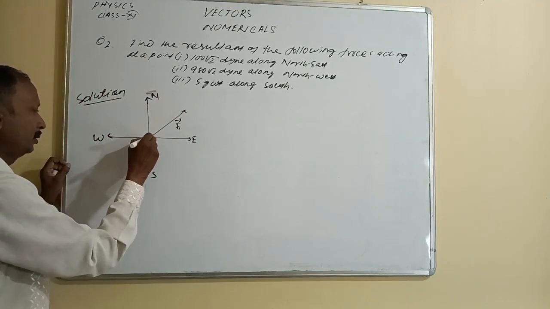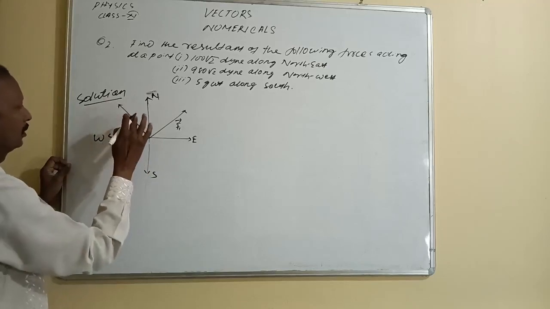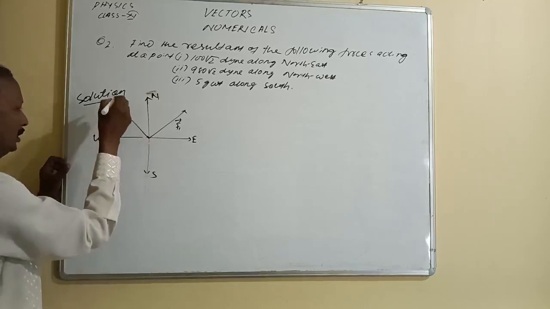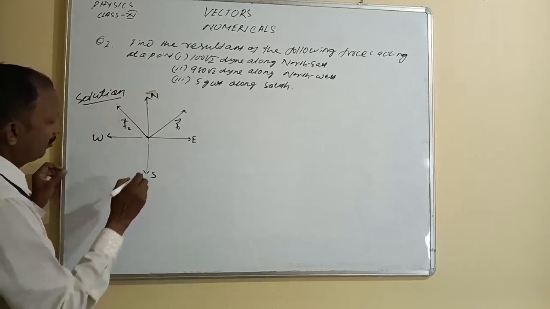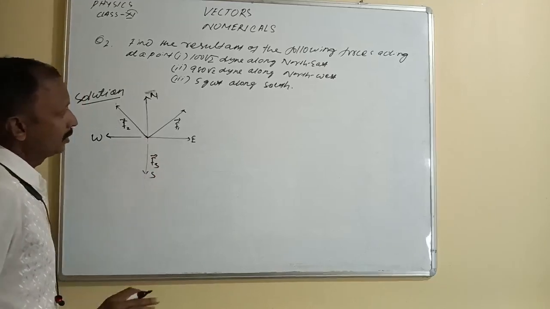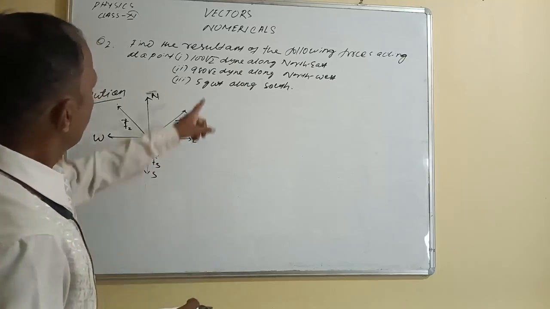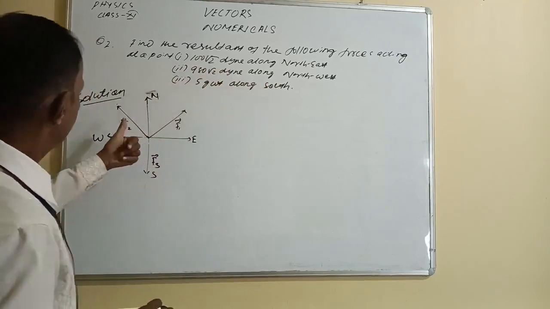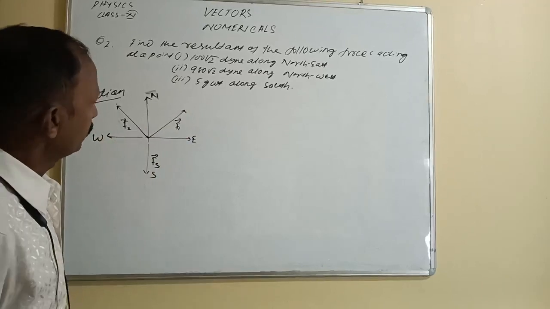Second force acting along northwest, we will name it F2. Third force, we name it F3. It is acting along the south. Clear? Along northeast 100 root 2, along northwest 980 root 2, along south that is 5 gram weight. Okay? Now let us see.